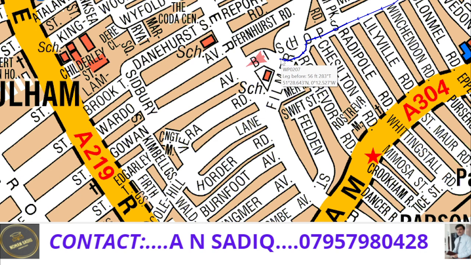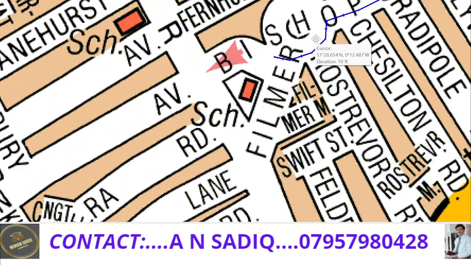Here some people do like this. It is totally wrong. The reason is, if you draw the route like this, there will be a problem. You are not keeping your route towards the left hand side of the road. So this is a very important point to note.